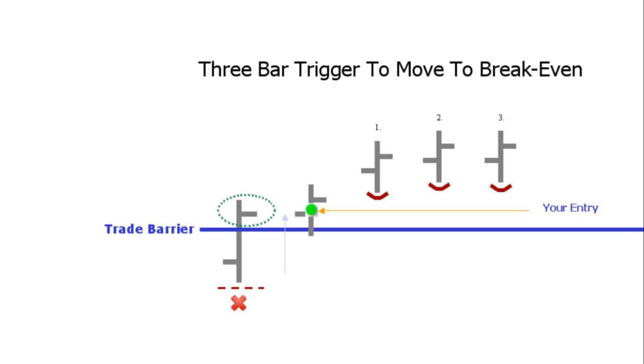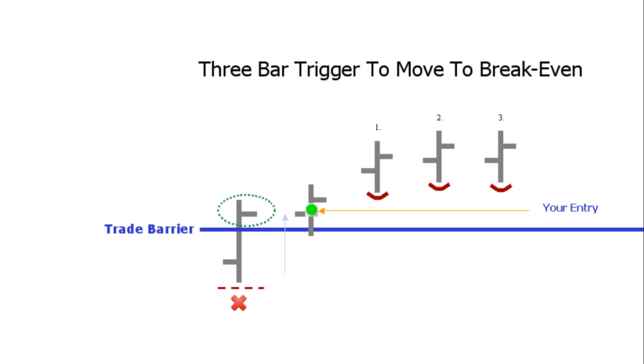When you pencil this all out over the series, what you're going to find is you will end up with more winners than full stop outs, because the break evens get in the middle there and they prevent the full stop out. You get that?